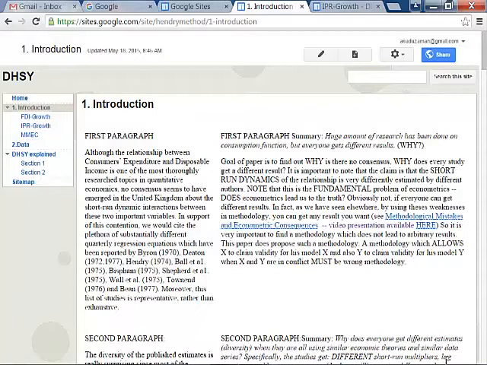So, what is the problem? Why does everybody get a different result? What Henry says is that this is because we are using the wrong methodology. The most important thing for a methodology is that it should be cumulative.